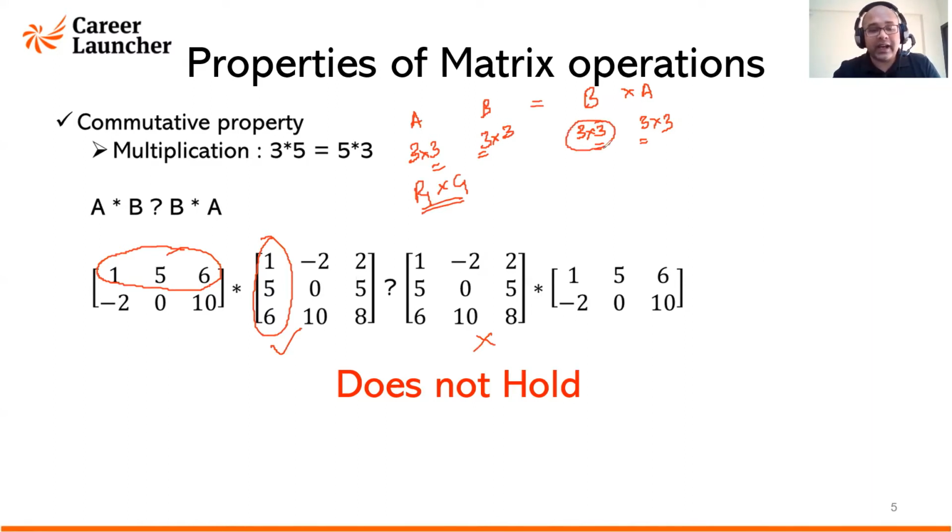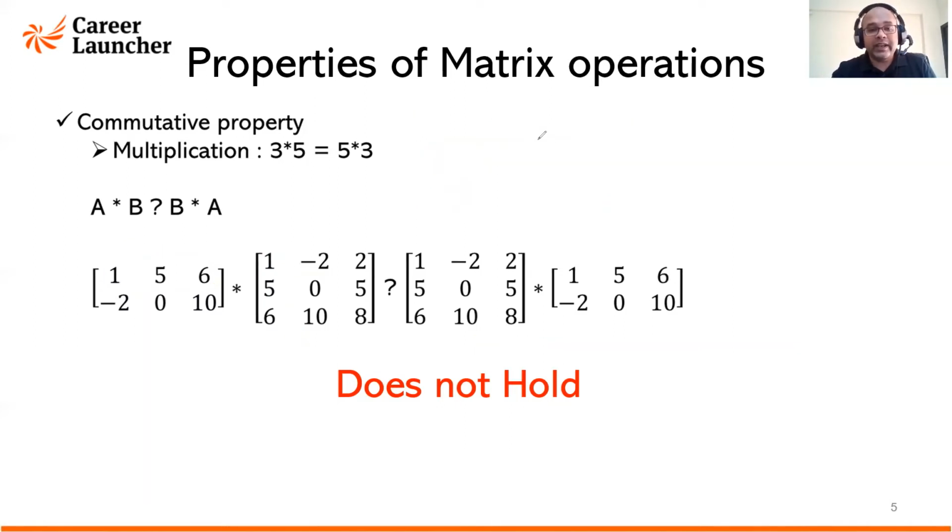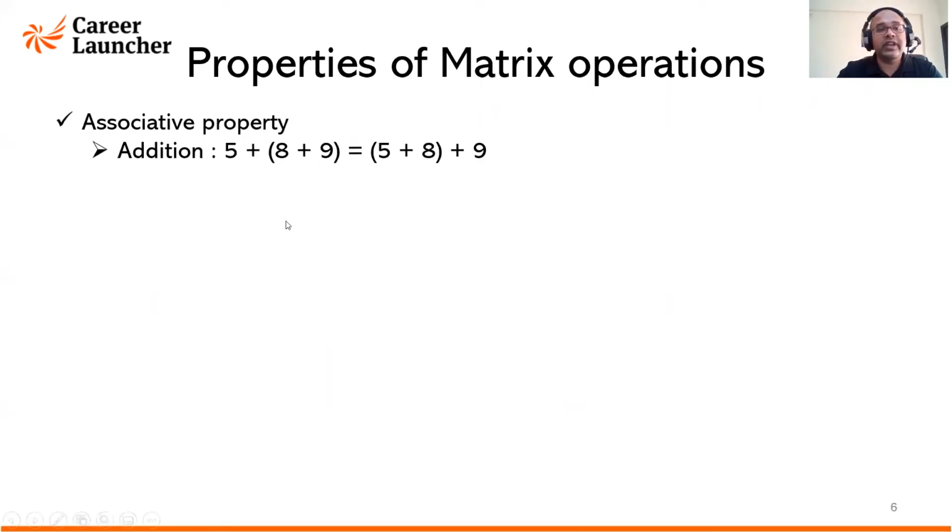Whereas on the other side, the row of the B matrix gets multiplied with the column of the A matrix and the numbers might not be the same. So that is why definitely you can say that A into B does not equal B into A. At least the commutative property does not hold true. Right? Let's move on to the next one.